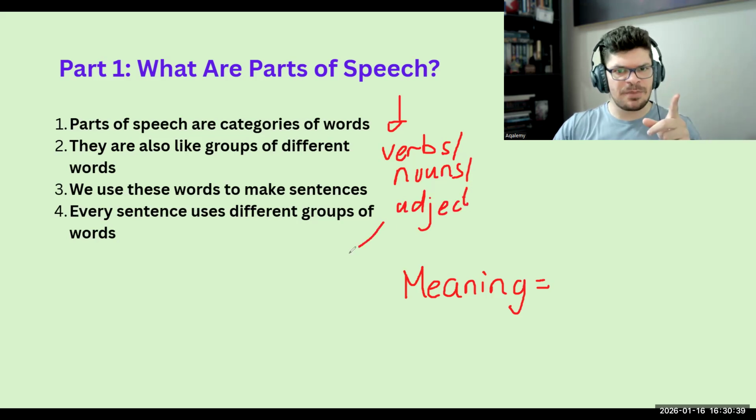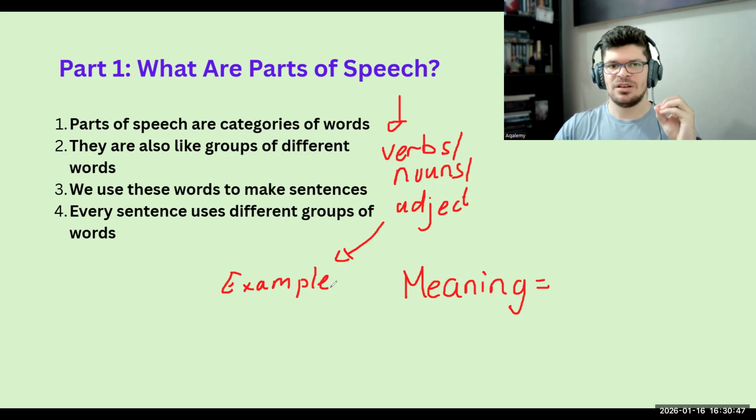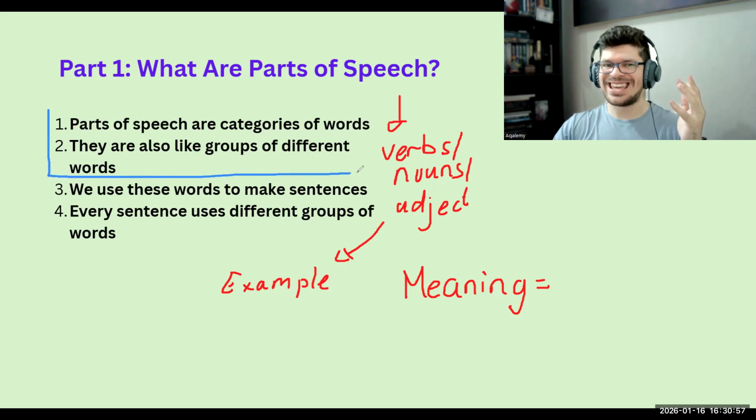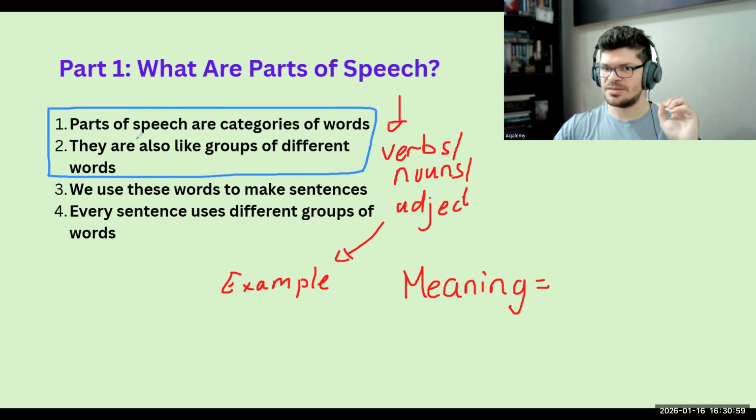But you give me examples. This one is an example. I want the meaning. What is the definition for parts of speech? It means this one. In English, we have different groups or categories of words. That is what parts of speech is.